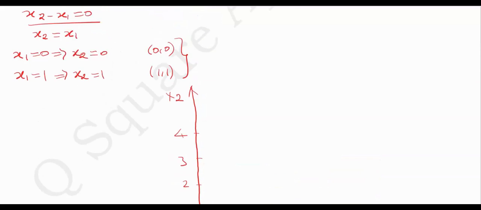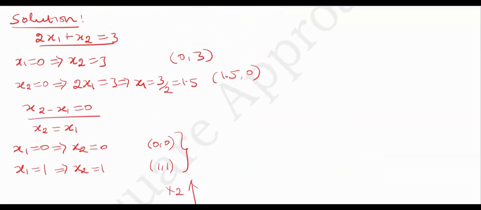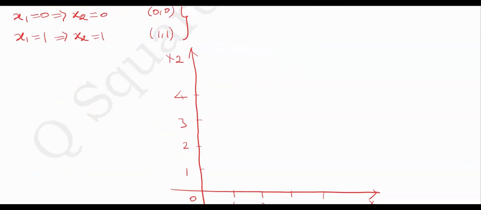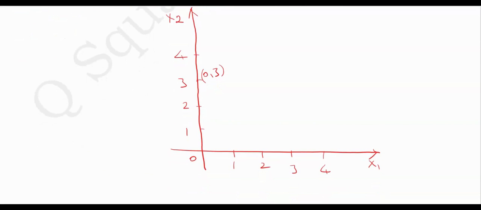Now the points are (0, 3) and (1.5, 0). (0, 3) is here and (1.5, 0) is here. Now we are going to join these 2 points by the straight line.